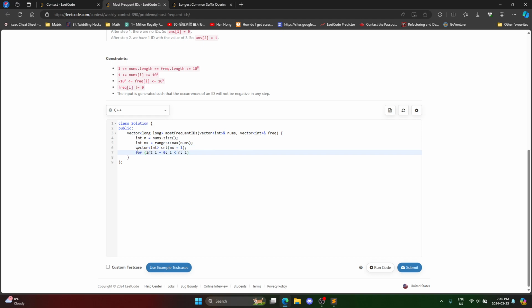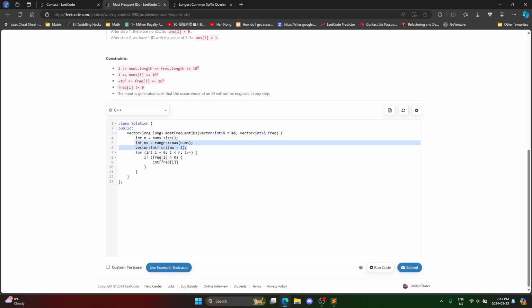So we just simulate it. No? So if freq of I is bigger than 0, count of freq of I, frequency of I. You know what? This should be fine. Frequency of I. You know what?